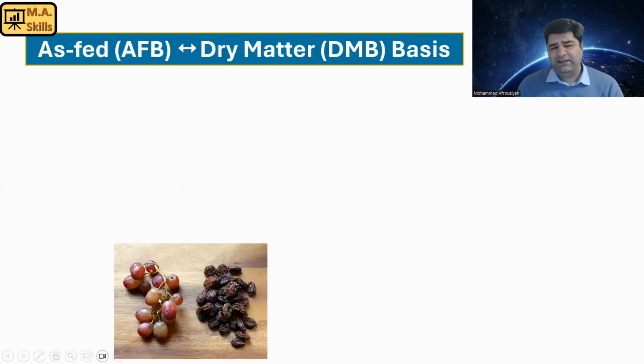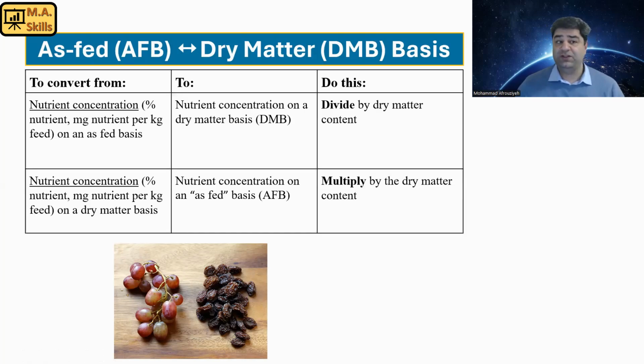So let's do some calculation to see how we can convert nutrient concentrations based on as fed to dry matter or vice versa. So here I'm gonna use this grape and raisin analogy to describe the difference between dry matter and as fed.